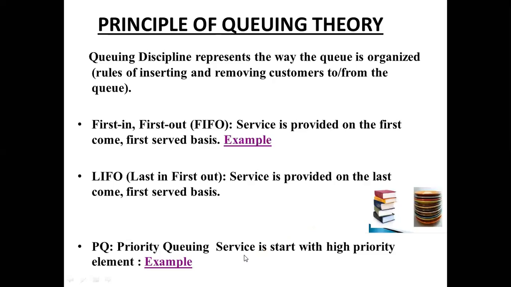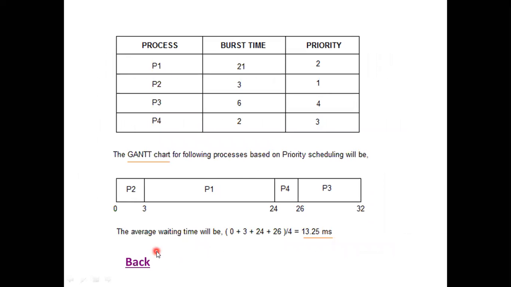Next example is the priority queue. In the priority queue, services start with a high priority element. Here, high priority element means the service, job or packet that has the highest priority will be executed first. This is an example of the priority queue.